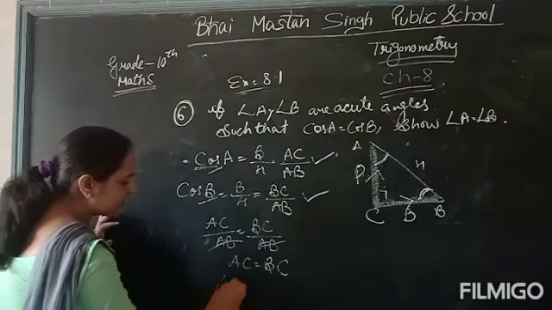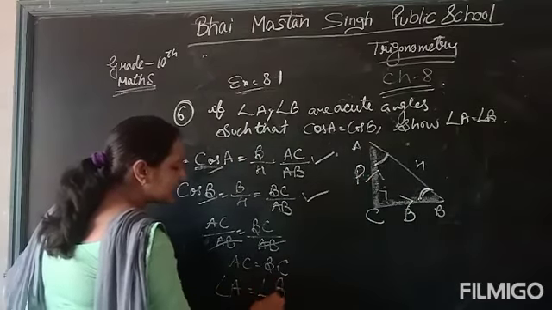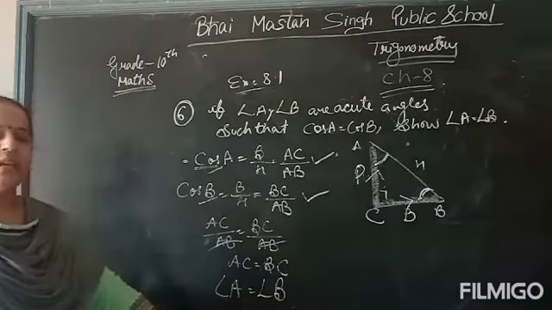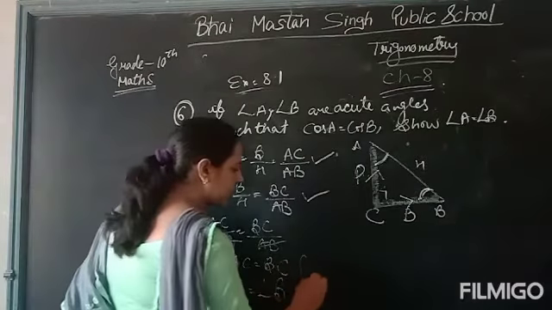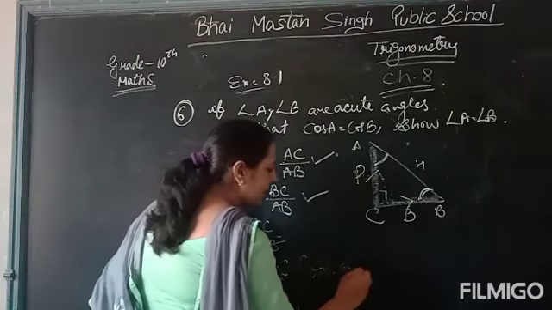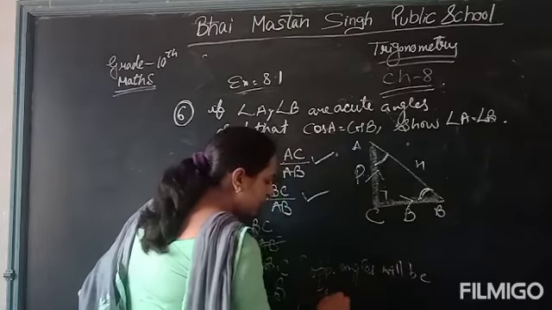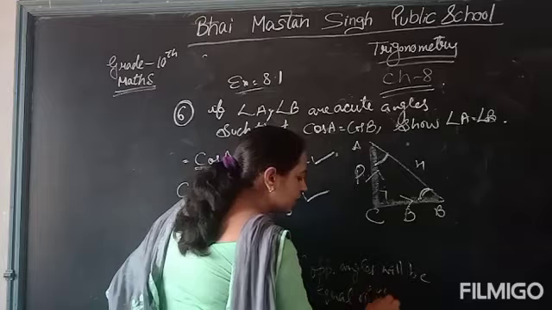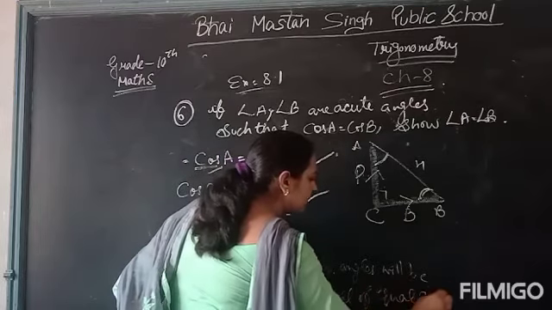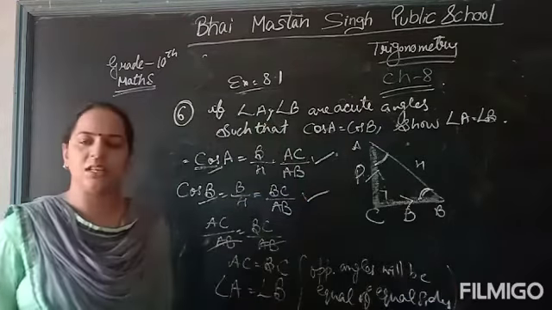This is the property as we have done in junior classes. If sides are equal, then opposite angles will be equal. Okay, this is the 6th question.